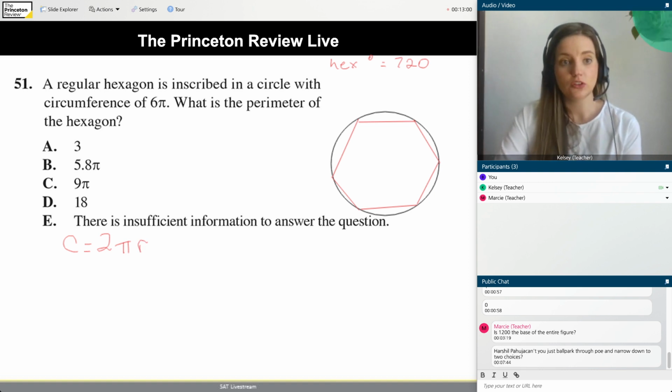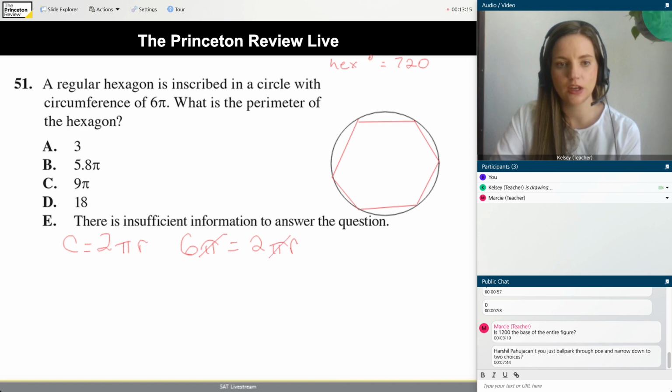So given that the circumference is 6 pi, we're going to be able to find that radius, right? 6 pi is going to be equal to 2 pi r. So we can eliminate the pi, divide by 2. And so our radius is going to be equal to 3.